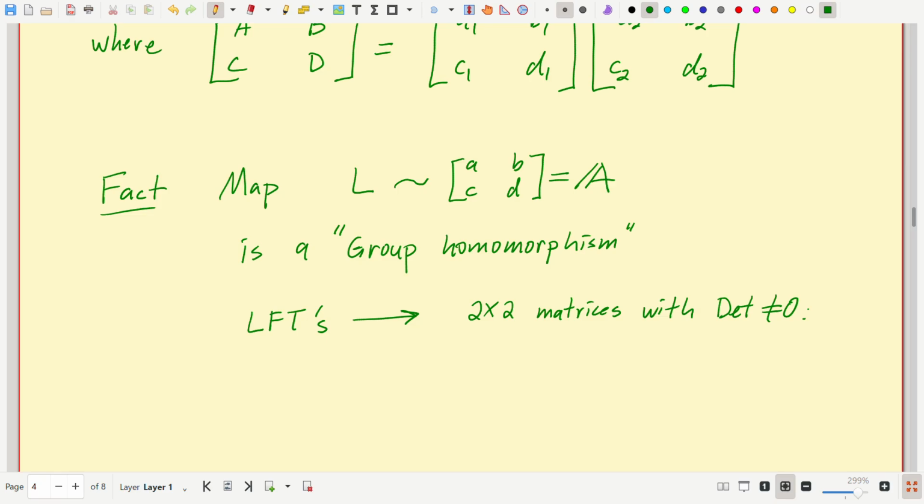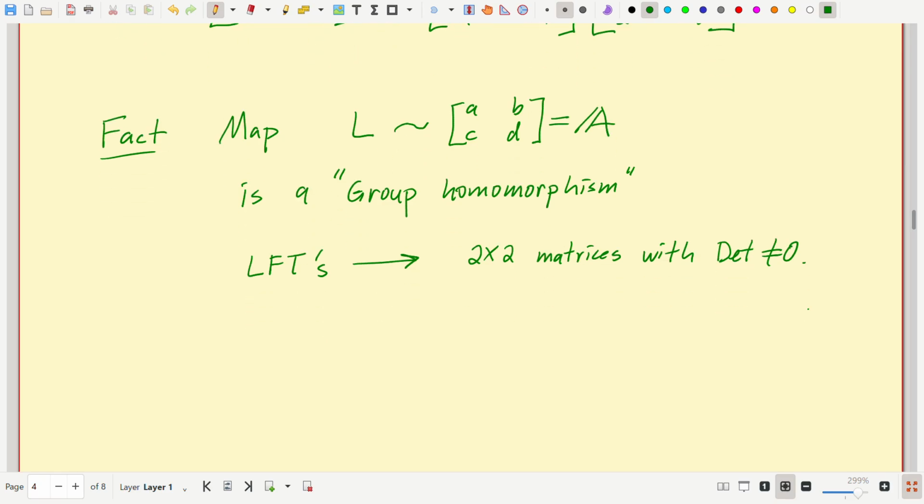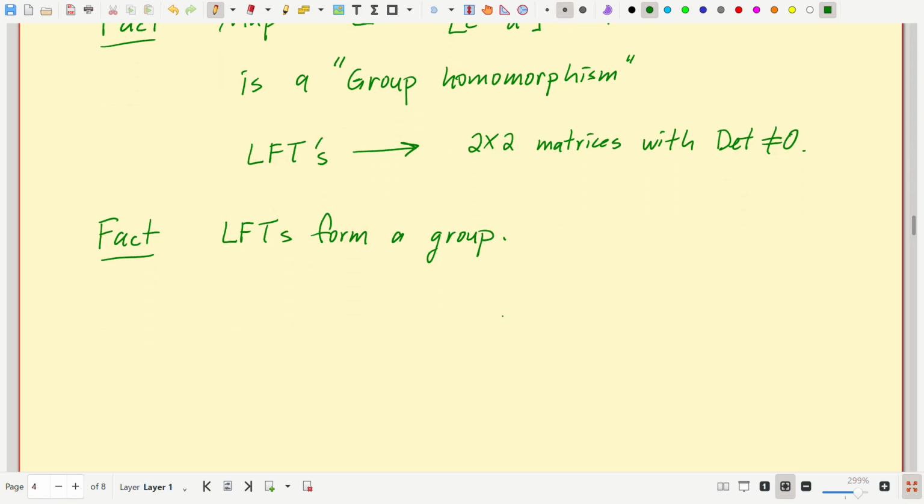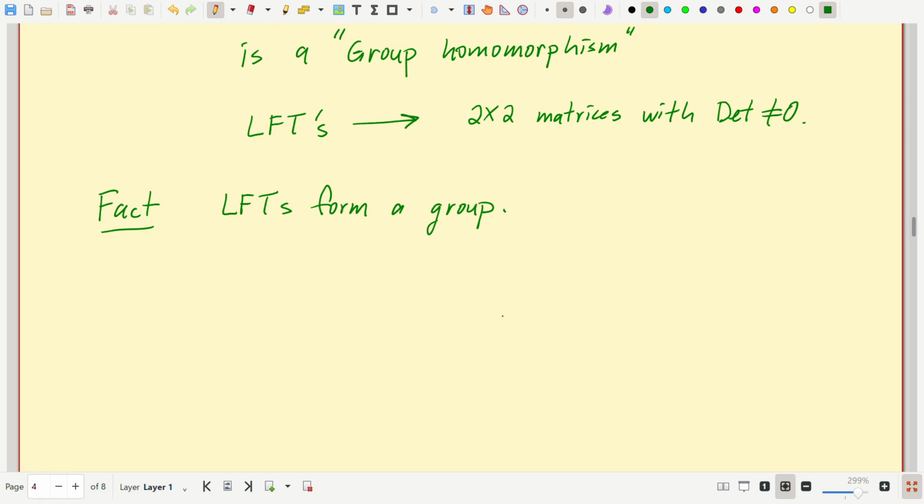Oh, by the way, I guess I should have mentioned this fact first. I've shown you what you need to see that the linear fractional transformations form a group in the mathematical sense. I showed you that the inverse exists, et cetera. They form a group under composition, so the operation in the group is composition.